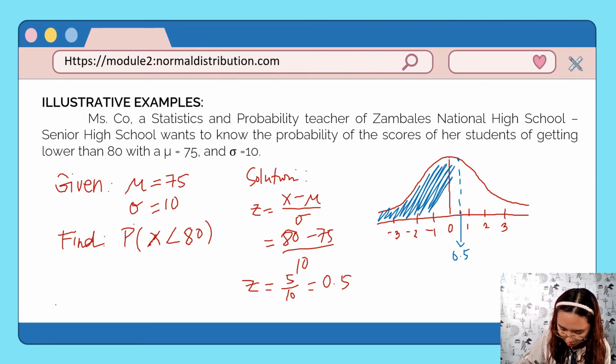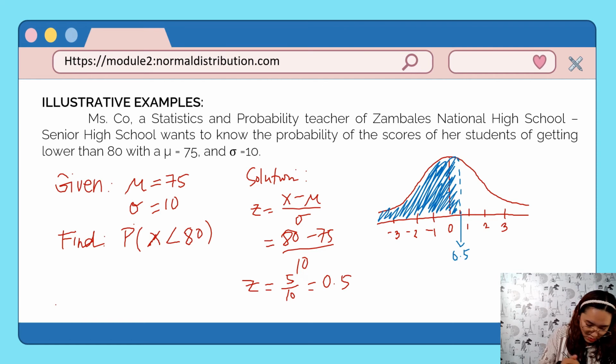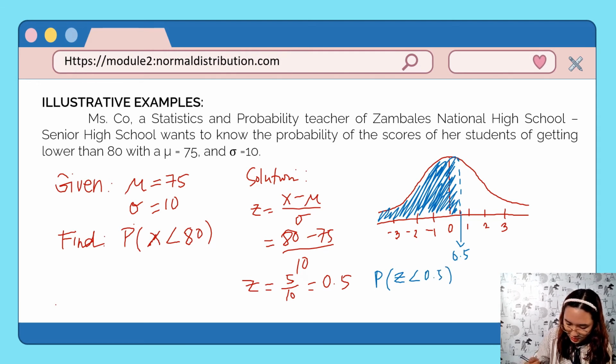So, itong left side na ito, yan ang region na hinahanap natin. So, ngayon, para mahanap po yan, ang kailangan natin ay yung ating probability of z less than 0.5. Itong part na between 0.5 and 0, kaya natin hanapin sa z-table, while itong namang kalahati, that is 0.5.